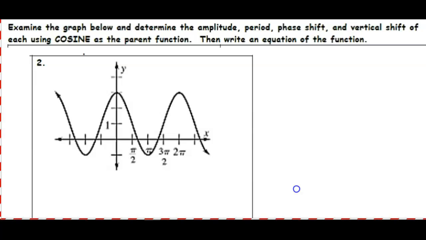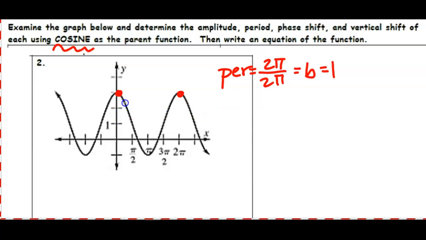All right. This one also says to use a cosine. So this one's actually easier than the first one, because if we call this a cosine, we can just say it starts here and finishes here. Okay? So the period is 2 pi, the length of one cycle. So then 2 pi divided by 2 pi makes b just 1.